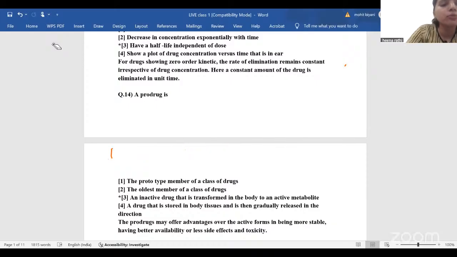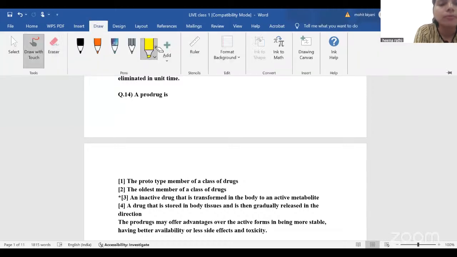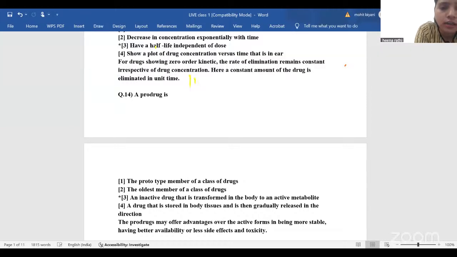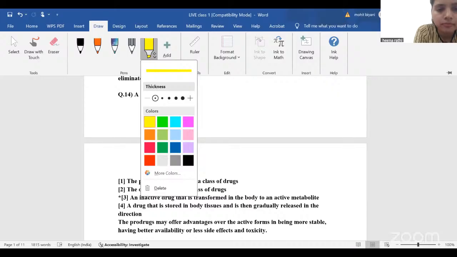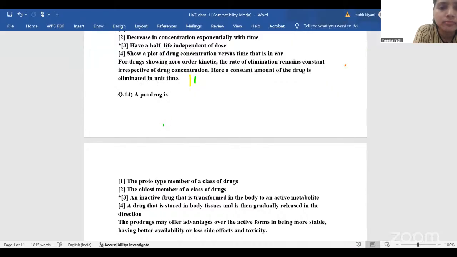Suppose the concentration of the drug is 100 ml. A constant amount of the drug is getting eliminated. It means 10 milligram of the drug is getting eliminated.